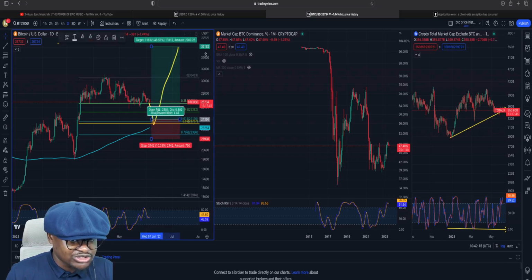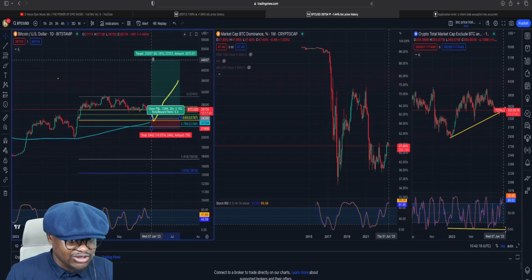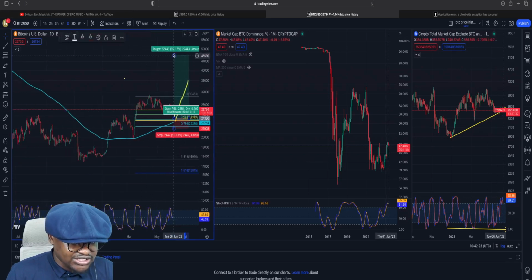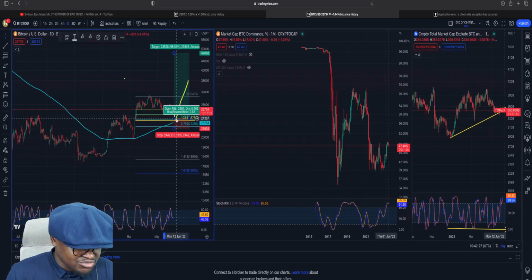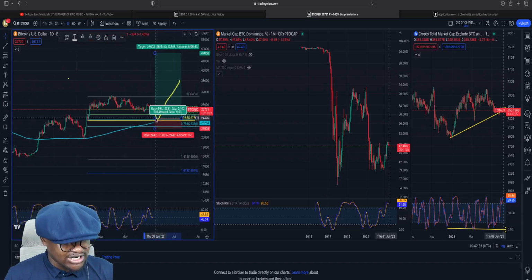Now that swing long position would go right up to 47. Yeah, if you were wanting to take a swing long position right up to 47, that would be the ideal zone to catch it, around here.